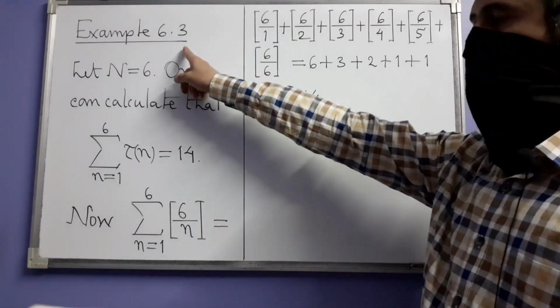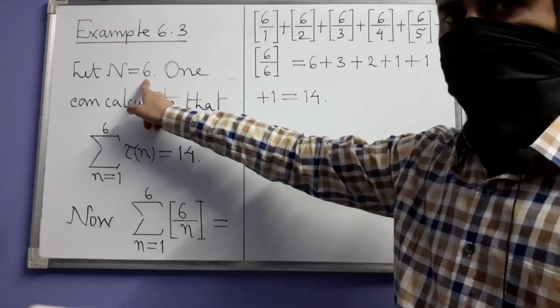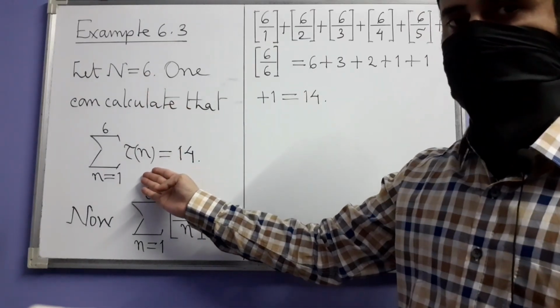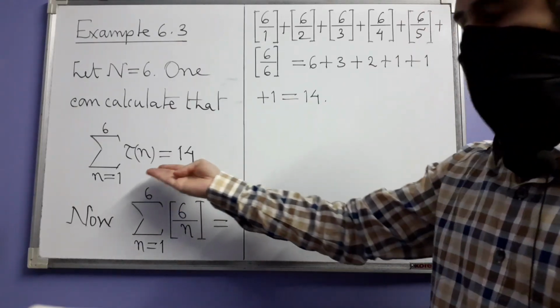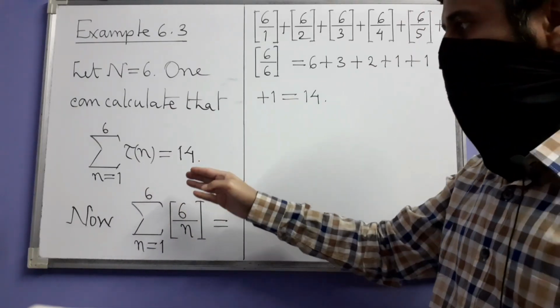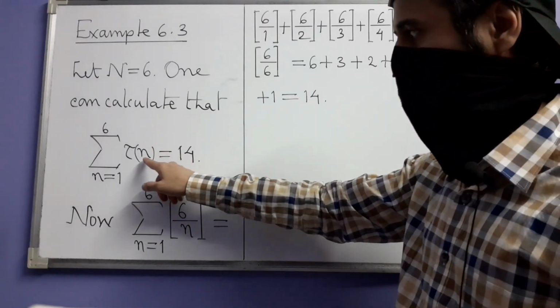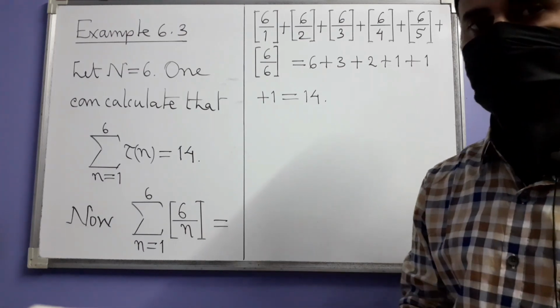Next we have example 6.3, where we take this value of capital N as 6. Then for this value, this tau sum you can calculate, and I leave this to you to see that it is actually equal to 14. You just put the values of n, calculate the tau values and take their sum.